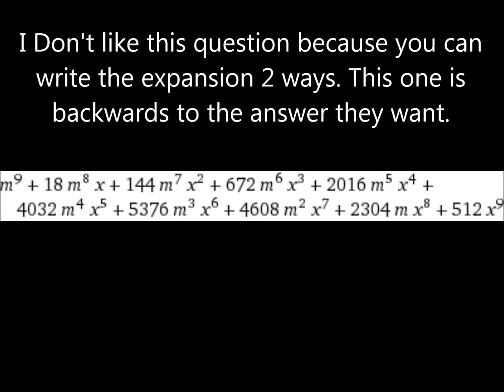What you need to understand is that you take the power that's in the equation given to you, and there's going to be an x with every power under the power given to you. For example, if you have x to the 9th, there's going to be x to the 8th, x to the 7th, x to the 6th. So you need to count down from 9. 9, 8, 7, 6. And that'll be the 4th term. So it's to the 6th power.